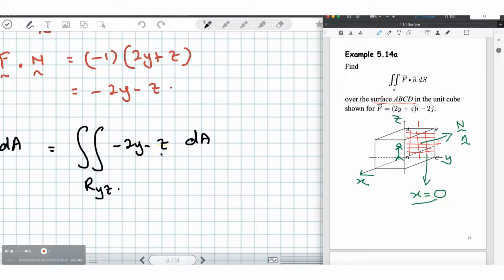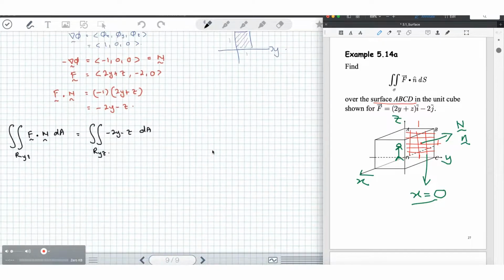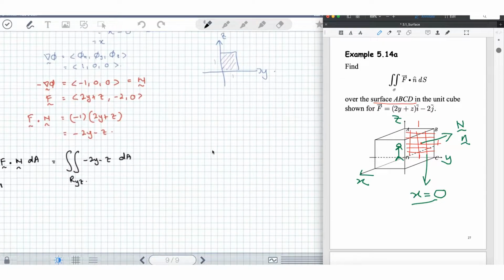Then we can proceed to find the order of integration and also the limits. Since our region here is just a rectangular region, and our integrand is quite simple, we can integrate with respect to y or z first. We can choose any of them. Any. Okay, so dy dz.